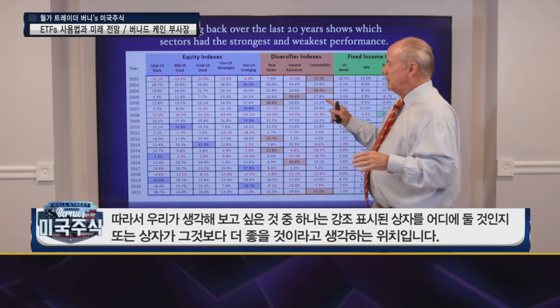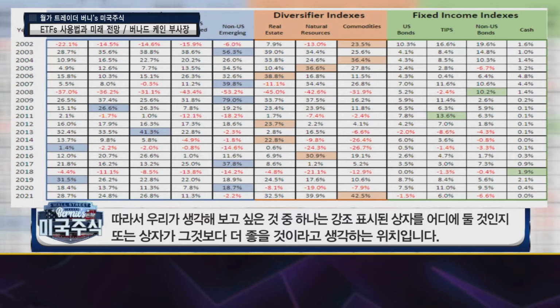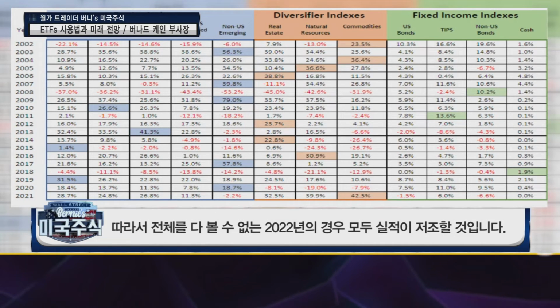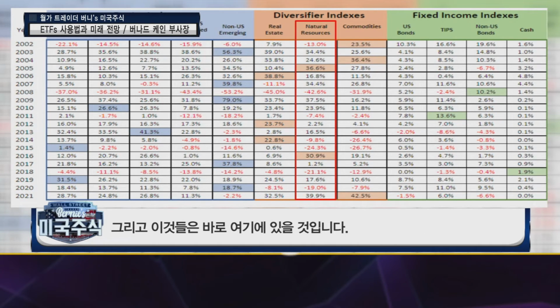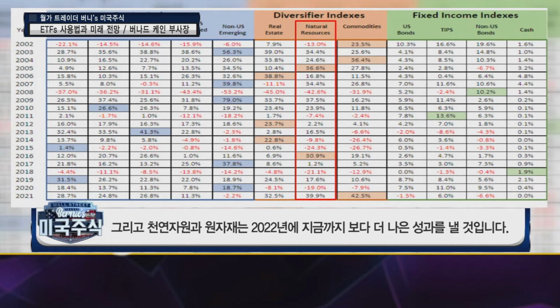So one of the things we want to think about is where we want that highlighted box to be, or where we think the box is going to be better than that. If we look at 2022, which we don't have a full year for, these are all going to be underperforming, and natural resources and commodities are the ones so far that have done better in 2022.